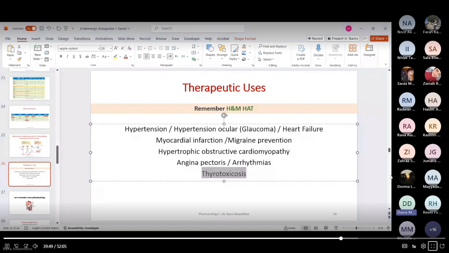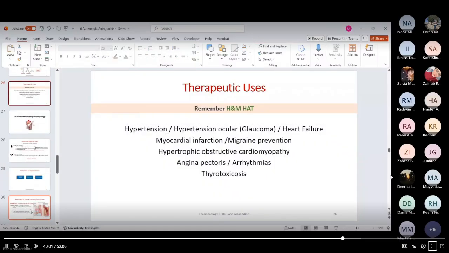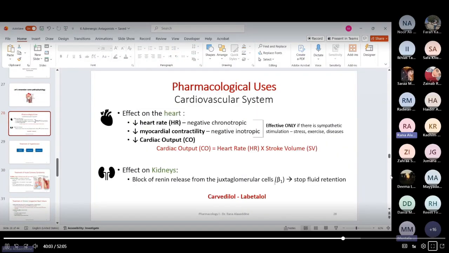We know the thyroid gland, but I'm not sure what it causes. You don't know the diseases, you don't know hyperthyroidism, hypothyroidism. You haven't taken those? Interesting. We take it, but we don't remember.